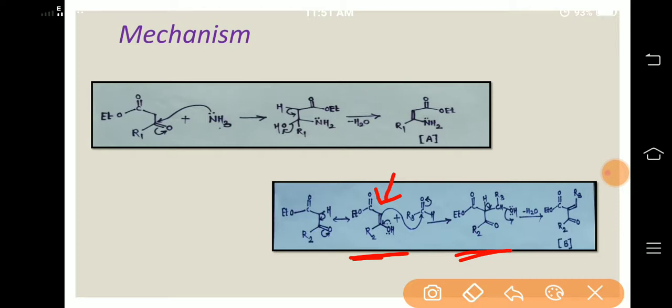Now this oxyanion generated here by the attack of the pi bond at the carbonyl carbon can be stabilized by abstracting proton from this alcohol of enol, and again generation of keto form at the beta position.